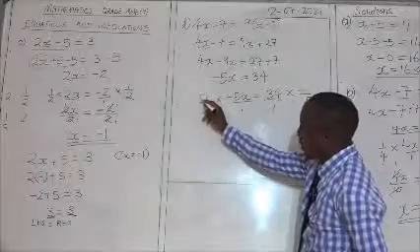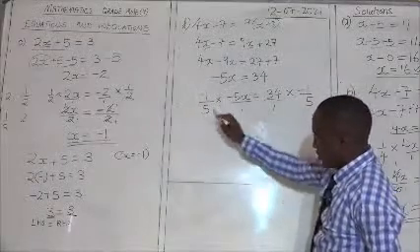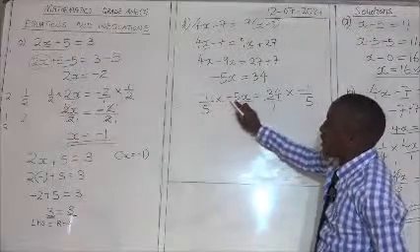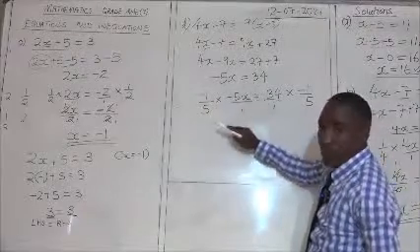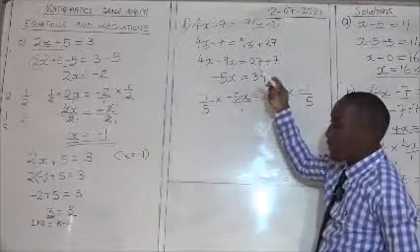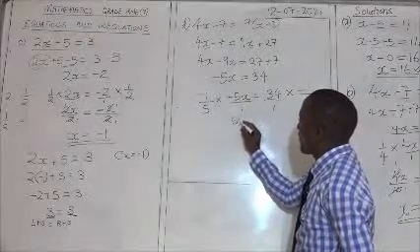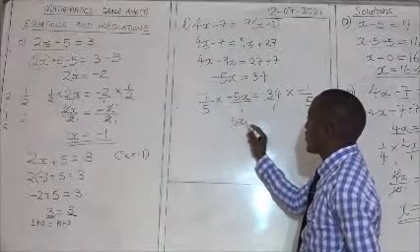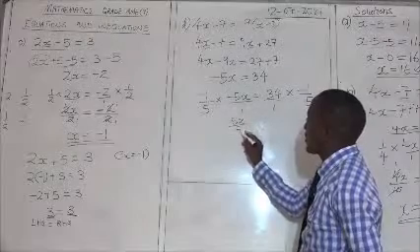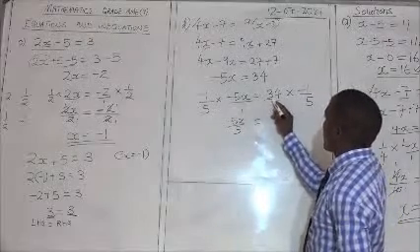So negative 1 multiplied by negative 5x. Since we have a negative and the number which we have is a negative, remember a negative times a negative is a positive. So this is just 5x. For the denominator you have 5 times 1, which is just 5. Then for this side you have 34.